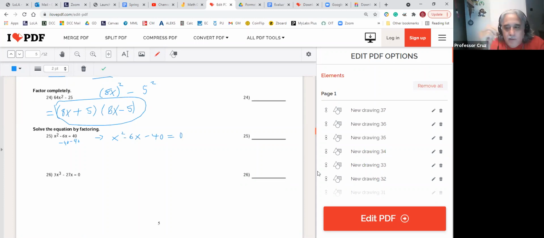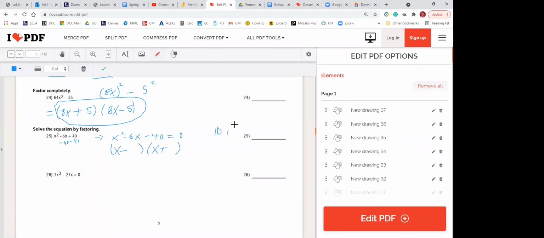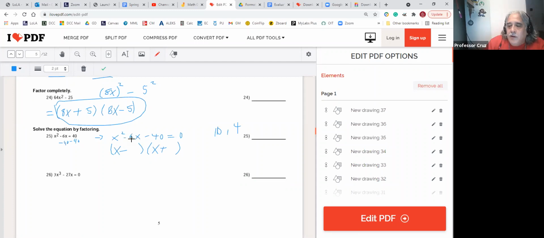Okay, and then we're going to factor it. We got to find the factors of 40 that have a difference of 6. So it's going to be x minus and x plus something. Factors of 40 that have a difference of 6 are 10 and 4. And this one, because that number is negative, then the larger one's going to go there.